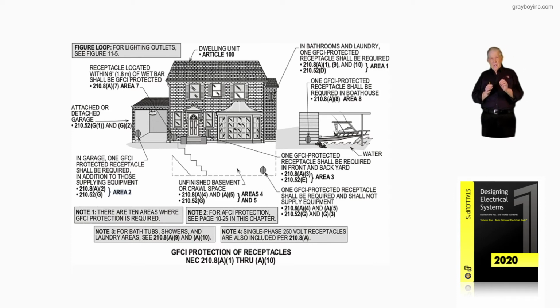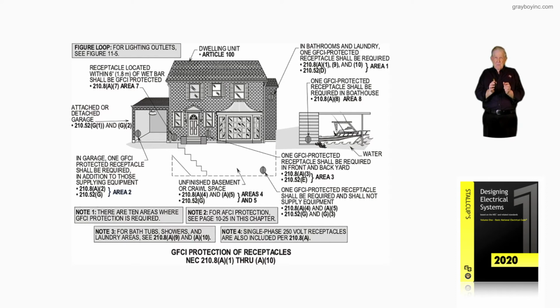So you have 3 sections of 210.8(A) when you're dealing with bathroom and laundry type receptacles that are being installed. And then, right below it, if you have, say, a lake lot and you have a boat dock, you need at least one GFCI protected receptacle there in accordance with 210.8(A)(8). We kind of call that area 8 there.